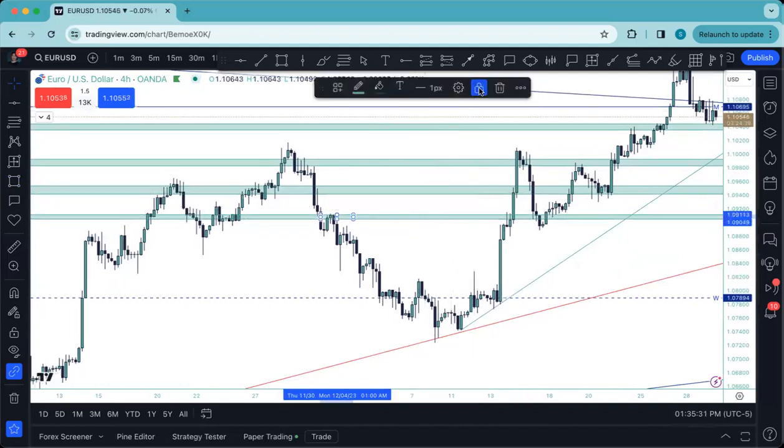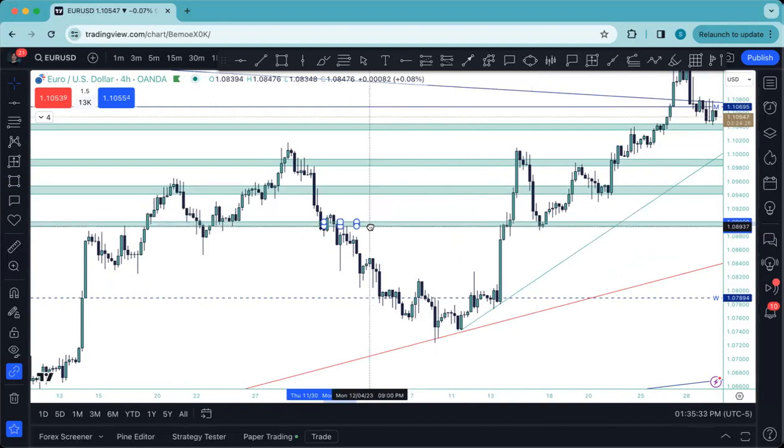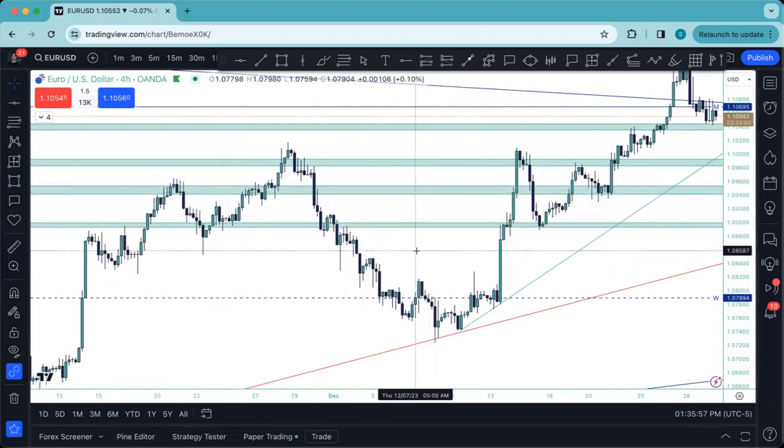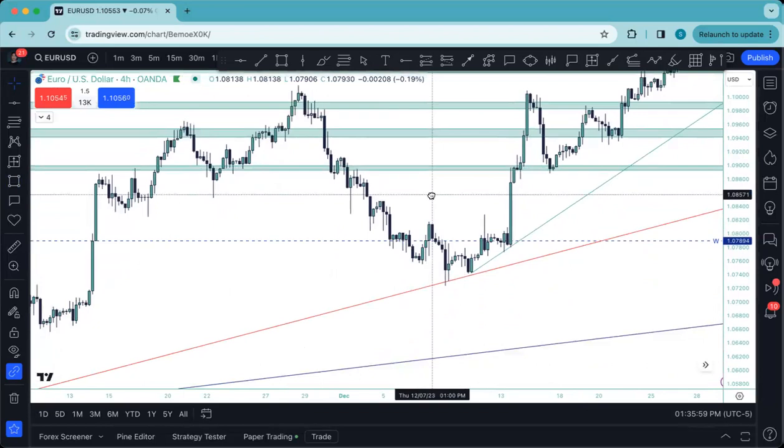Let's go down a little bit to right here. This one, that's perfect. Do you see how there's the support right there, resistance right there, resistance, support, support, resistance, resistance, broke through, support, support. So that is a really good area.